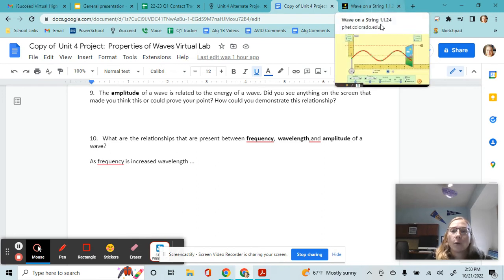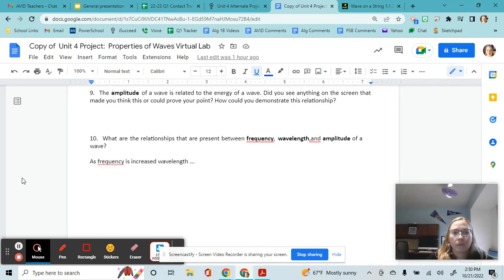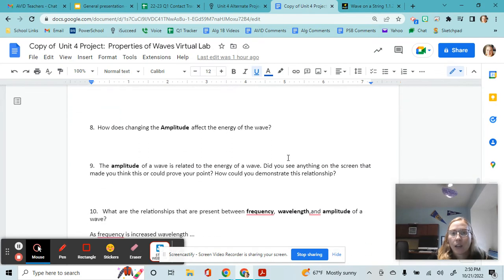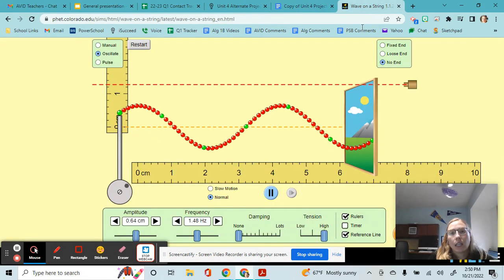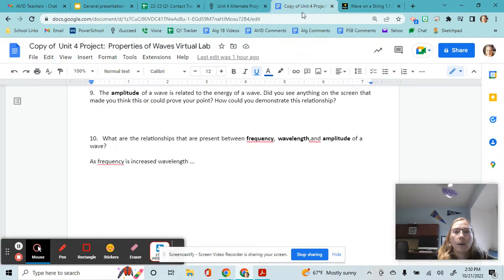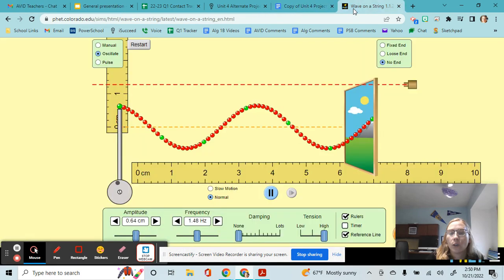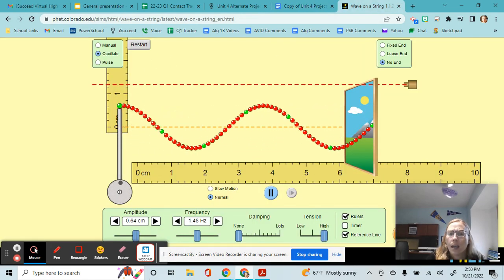So yeah, you could show from the graph above, you can describe a scenario, you can take a screenshot of your lab, however you would like to prove that. And then discussing your relationships. I know we just talked about one of them being inverse, so maybe mention that. And just looking at your table, or you can go back to this and play with it.